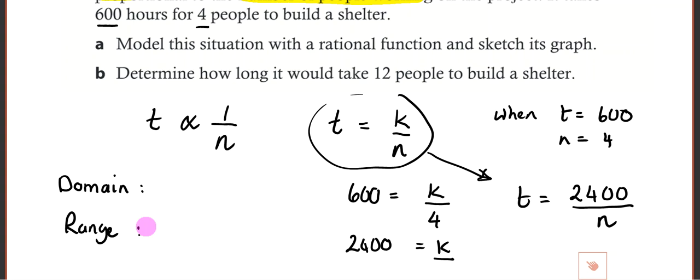T is a real number. N is a real number. Domain is N. We can say N is a real number.